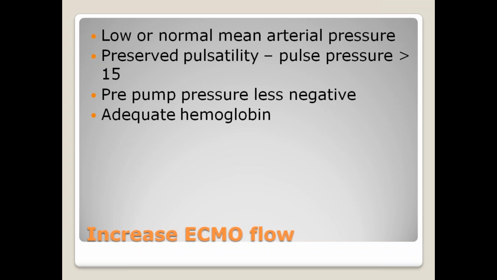This means that the patient is not hypovolemic because the pre-pump pressure is not very negative. At the same time, your pulse pressure is maintained, so the patient is not in cardiac stunning. Your pressures are okay, but still the tissue perfusion is not good. That means the patient still requires more flow, more cardiac output, and you have to increase the flow.